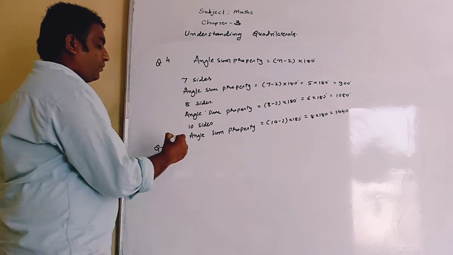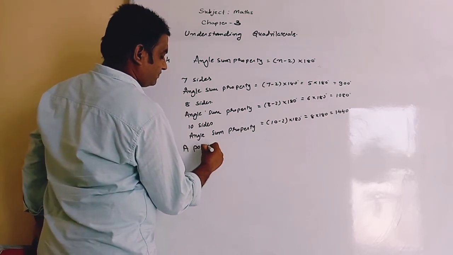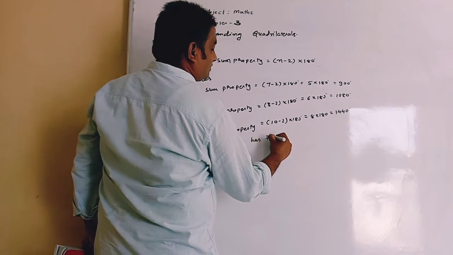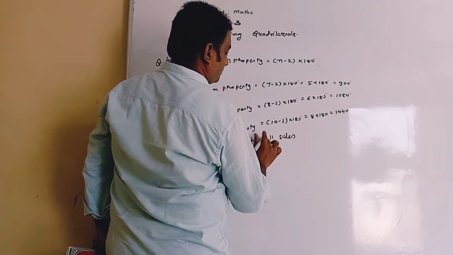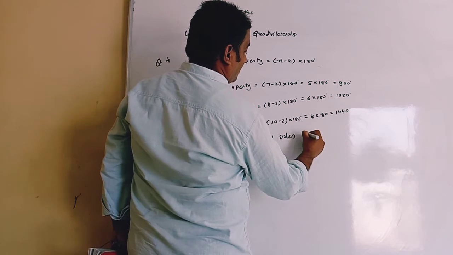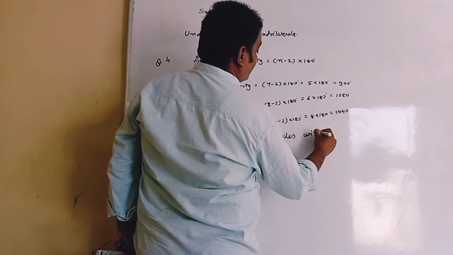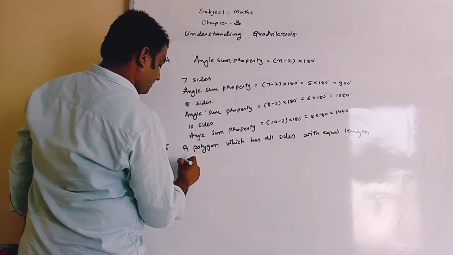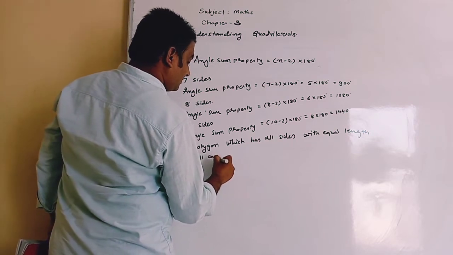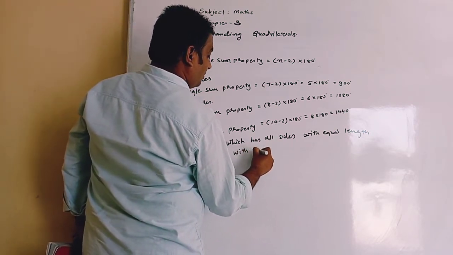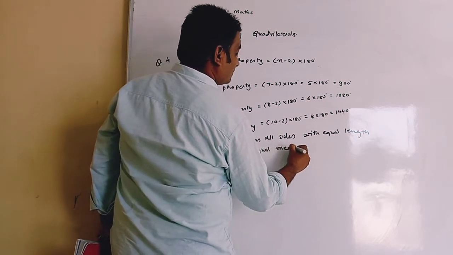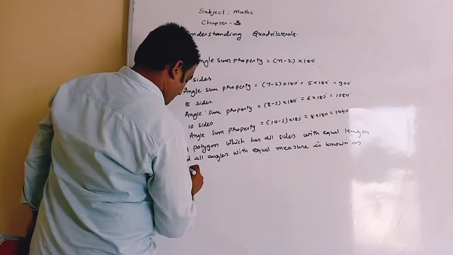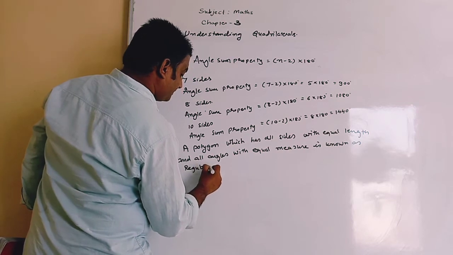So we know that a polygon which has all sides with equal length and all angles with equal measure is known as a regular polygon.